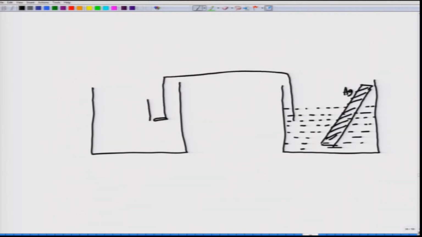I am not getting into the depth of the salt bridge anymore because we have already dealt with it in the previous 2 classes. Here the activity of Ag plus is equal to 1.